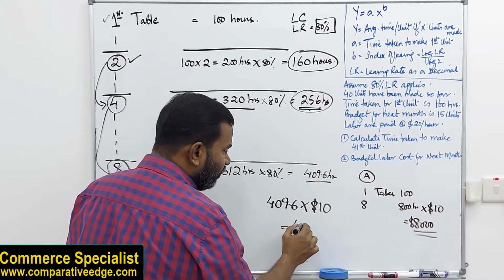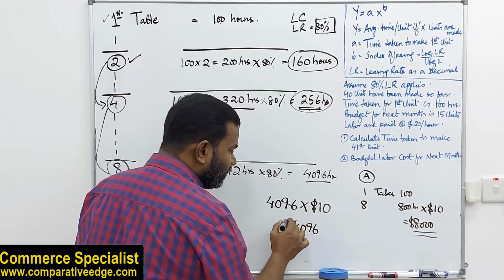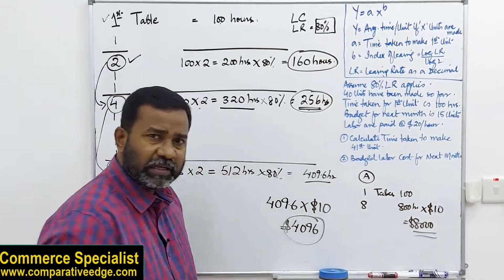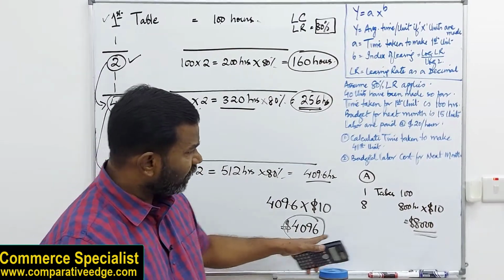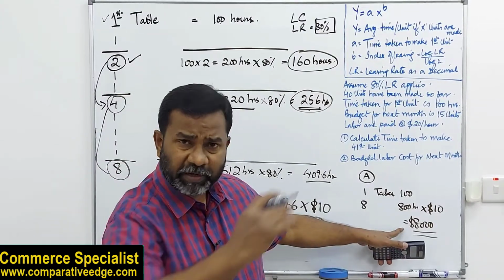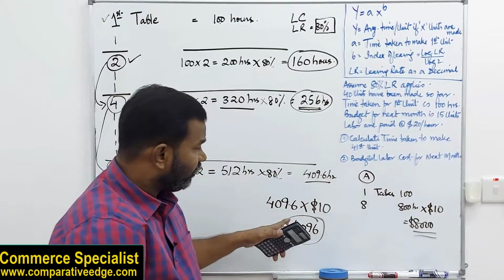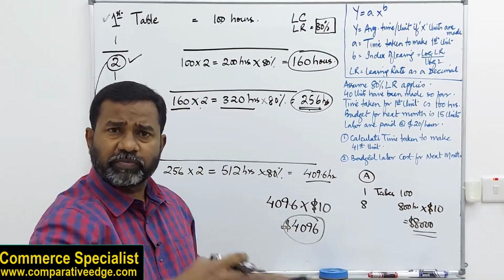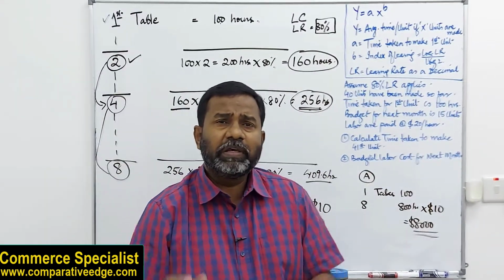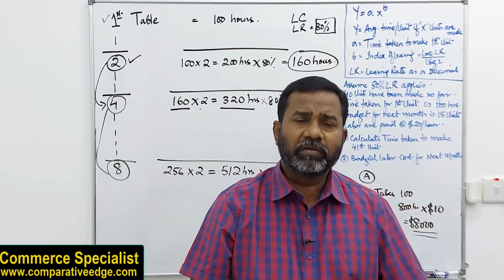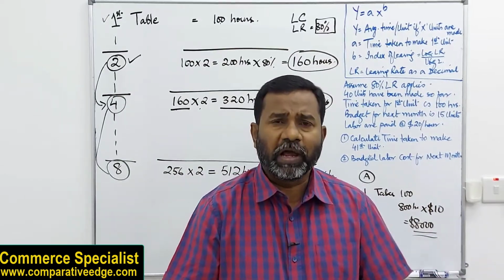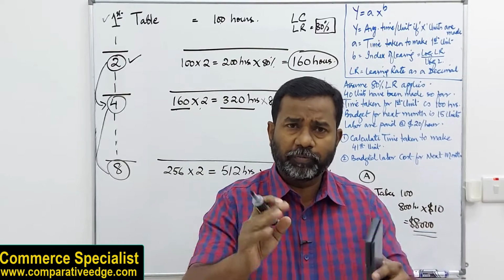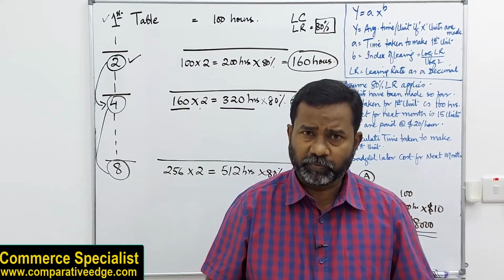So company B will be billing just 4,096 for labor. Now you can well look at the difference. 8,000 labor cost plus material and overheads, versus 4,000 labor cost plus material and overhead. So company B would definitely get the tender. Their quotes will be approved and they will get the contract. I hope you guys have understood this much.